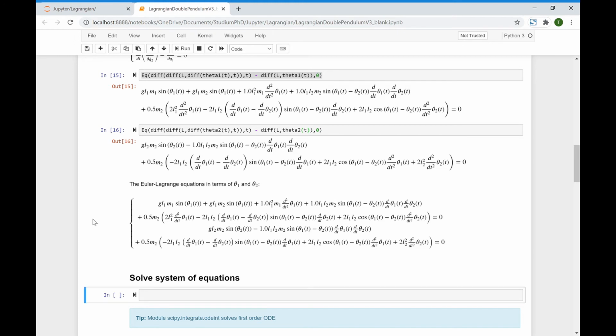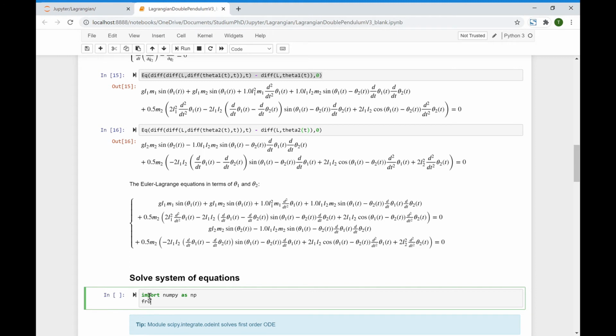Again, we first import the required packages: import NumPy, and the package for solving the ordinary differential equations.